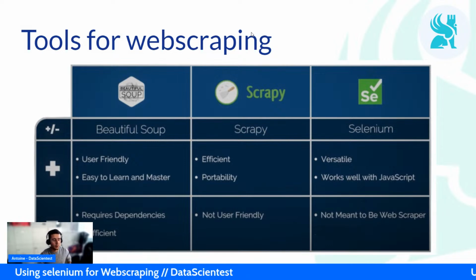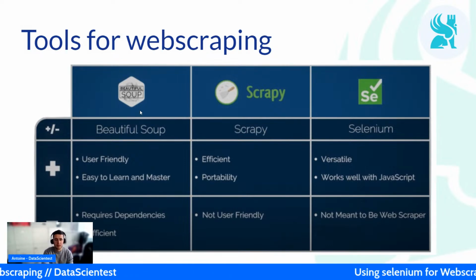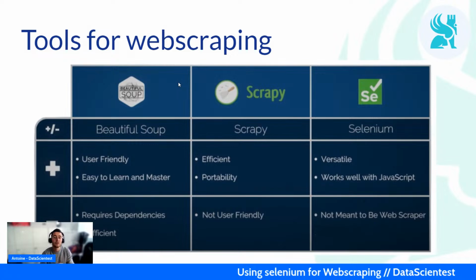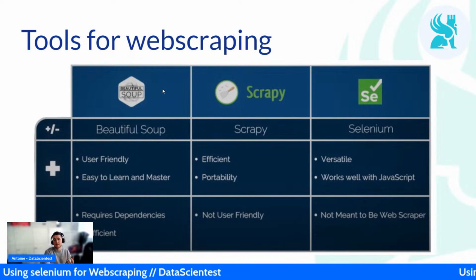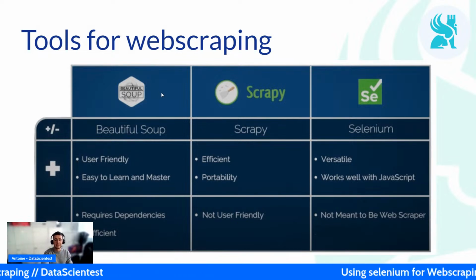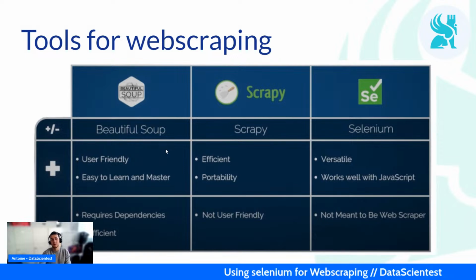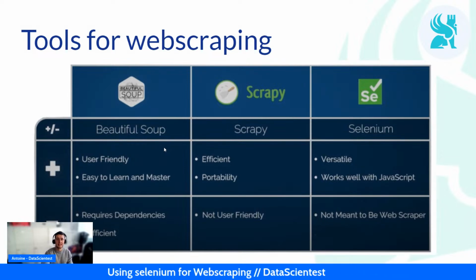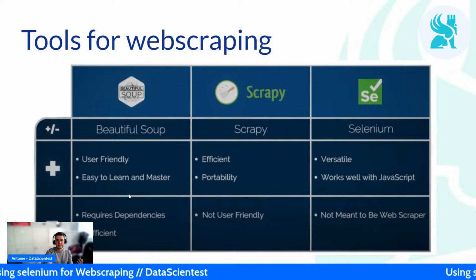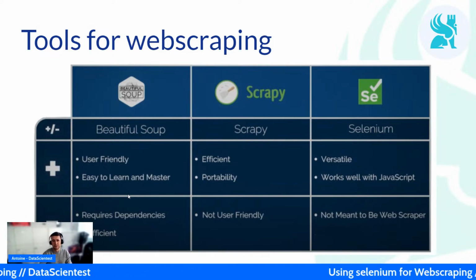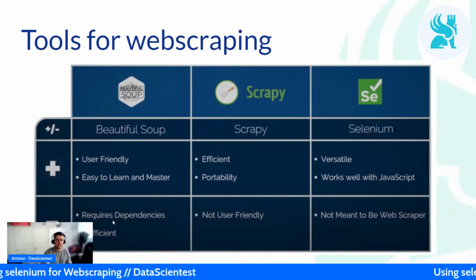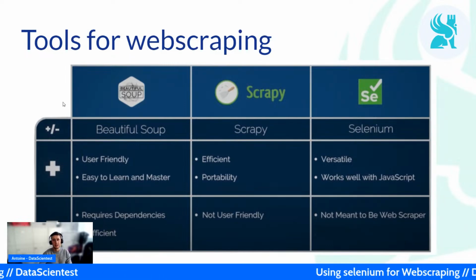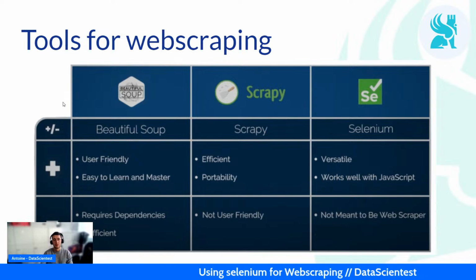So just to compare all these packages, BeautifulSoup is a very user-friendly library that enables us to perform web scraping. And its biggest advantage is that it's very easy to learn. But the difficulty with BeautifulSoup is that it requires a lot of dependencies. You will see that if you want to perform web scraping with BeautifulSoup, you will need to import other packages, and it's not efficient, particularly on websites that use JavaScript code.